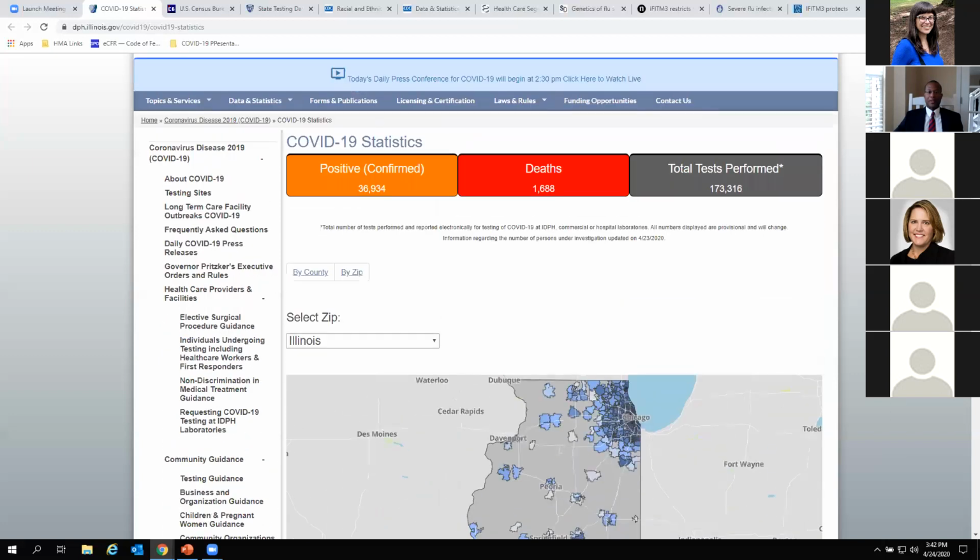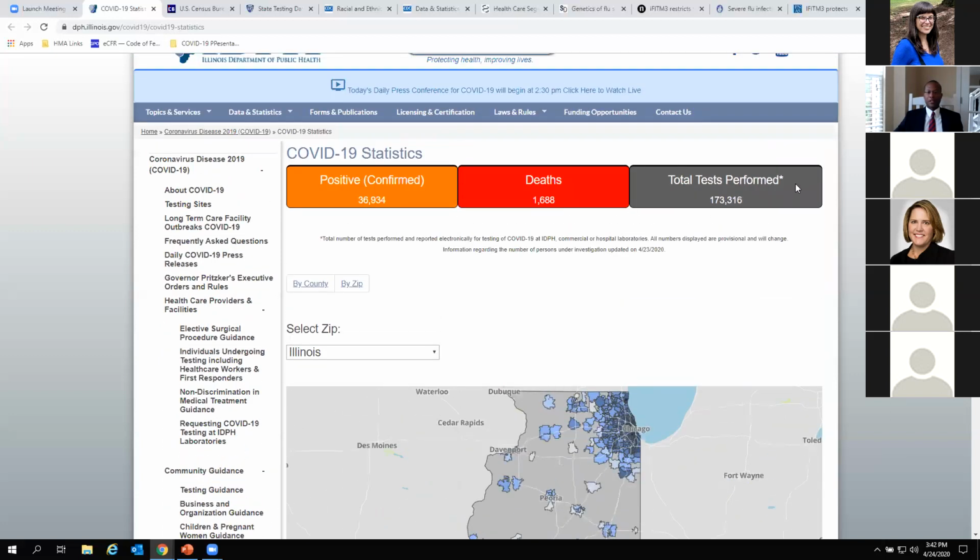We don't know. If you look here at the asterisks on the total tests performed, I know the print is a little small, but it's the total number of tests performed and reported electronically for testing of COVID-19 by, I presume this is the Illinois Department of Public Health, this acronym here, and commercial and hospital laboratories.